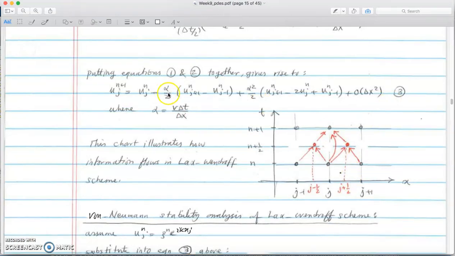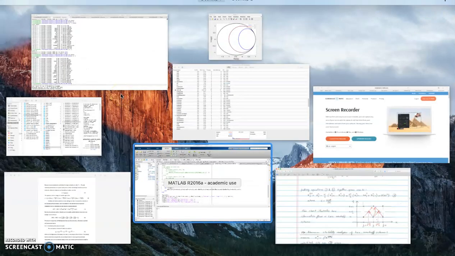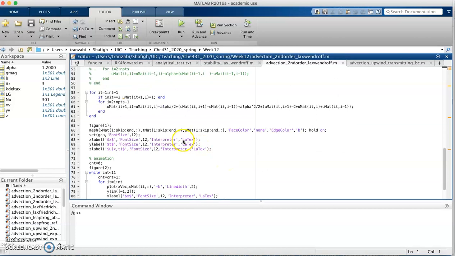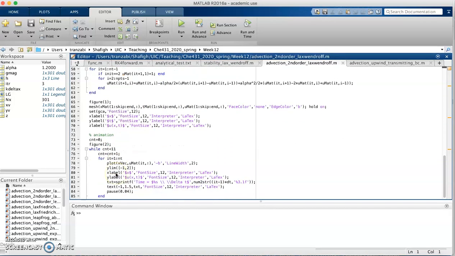We have a term linear in alpha, and a term second order in alpha, and then we calculate everything, we get the variable at n plus 1 and x_j. So using n and j plus 1 and j minus 1, we get n plus 1 and j. And that's what we have here. Alright, and the rest is just having different snapshots or maybe creating some animation.